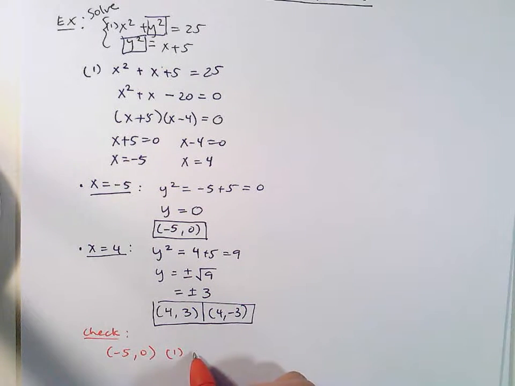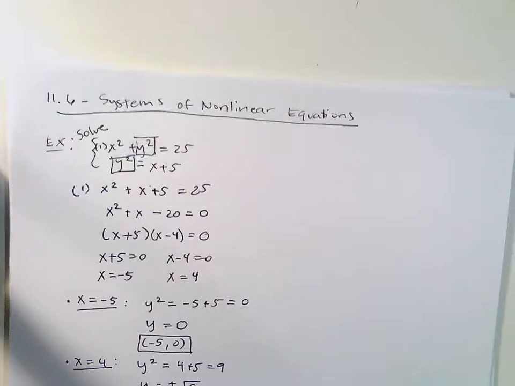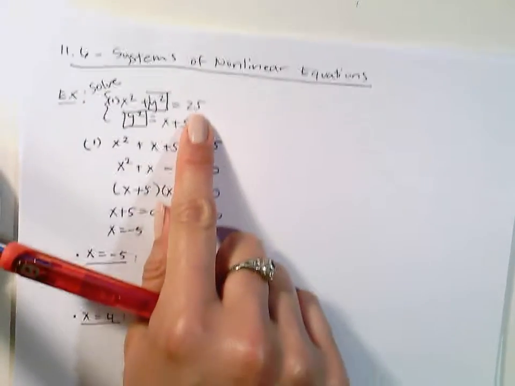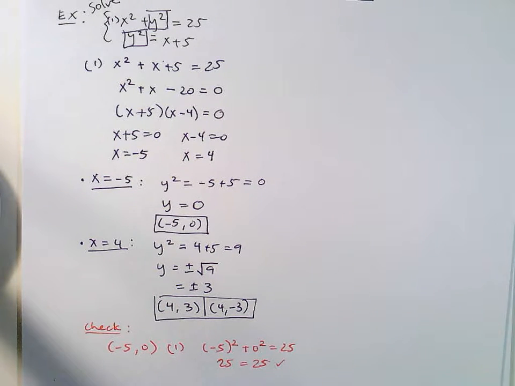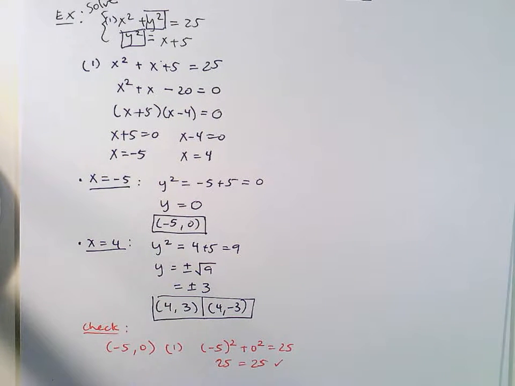In the first equation, it was x squared plus y squared is equal to 25. So now x is equal to negative 5, y is equal to 0. So that means that negative 5 squared plus y squared, which is now 0 squared, is equal to 25. So we're checking to see if the left is equal to the right. That means in this case 25 plus 0 squared is equal to 25, so this one checks off. And then you also want to check it in the second equation.